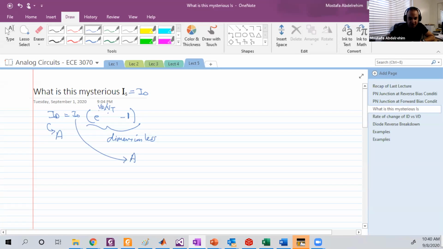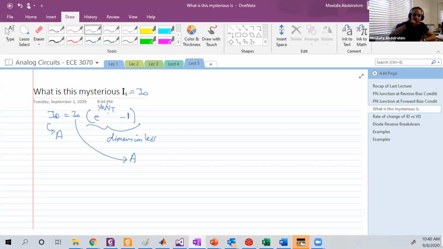Another observation here is that VD doesn't tell you anything about the device itself. You can't know if it's silicon, germanium, or whatever. This is just a voltage drop.